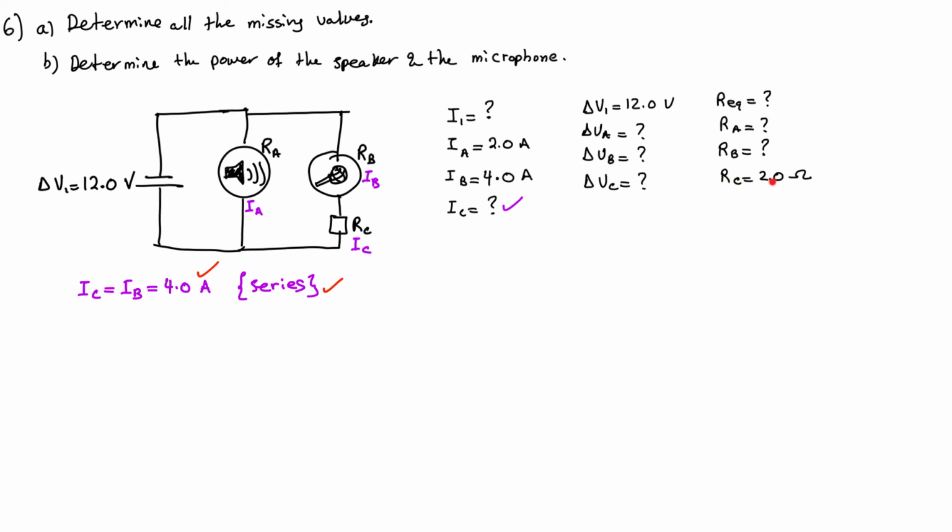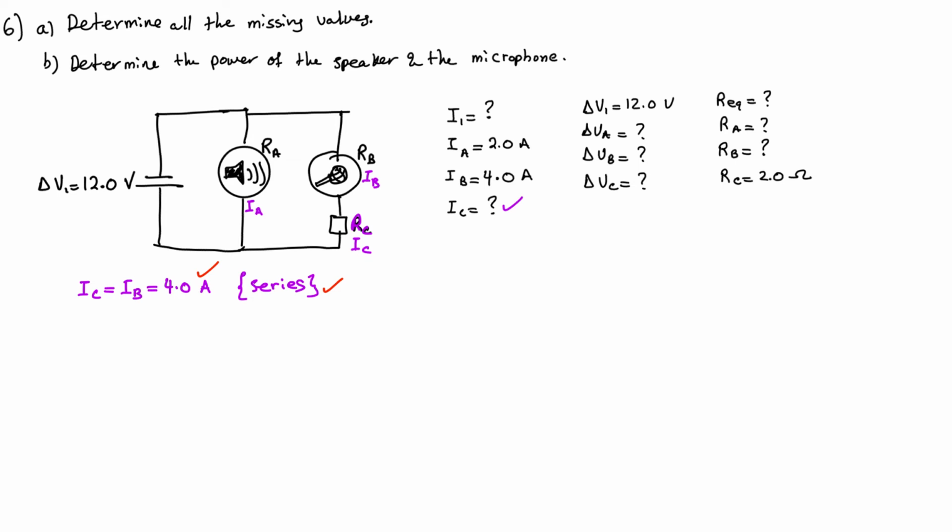I know RC value is 2, so I also have RC. So I'm going to highlight that in purple because now I have it and I just want to make sure that I know every piece of information that I do have. Okay, perfect. Now that we have this, we can already start calculating a lot of information.